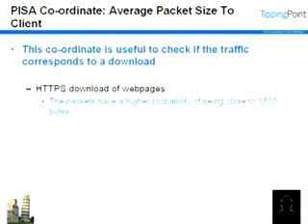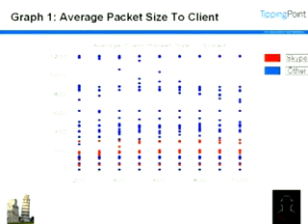And all of these points, all these axes were chosen because in many ways you can't avoid doing it this way. You have to do it this way. So even if you try to obfuscate what you're doing, you're still going to see these properties. And so what we have here is a graph that we've shown, which is the average packet size to client over time. And we've got the blue points, which is just other traffic, and we've got the red points, which is Skype.